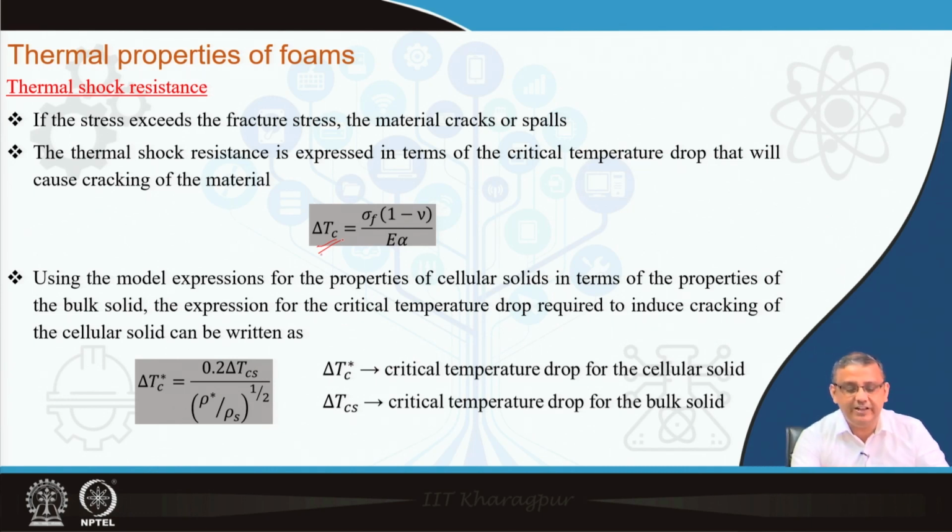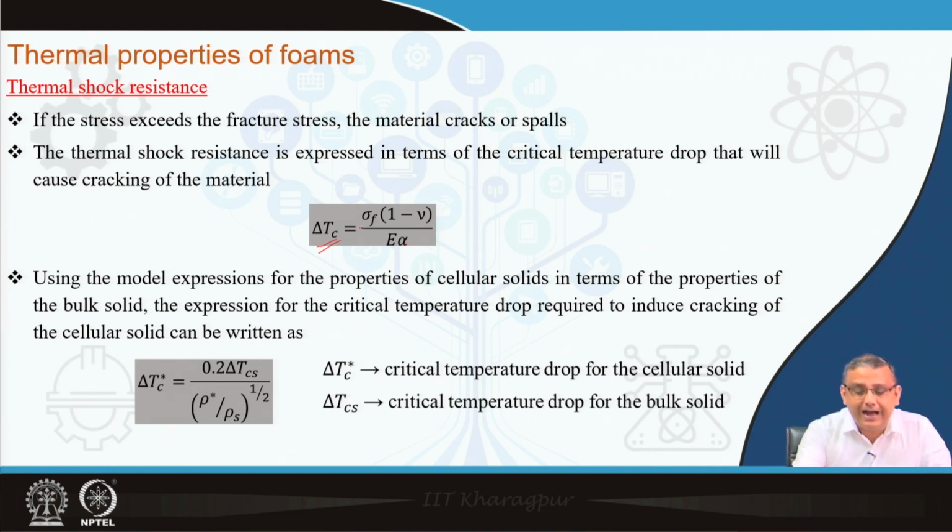And again, as we see over here, the higher the value of delta Tc, the more is the thermal shock resistance. And as we can expect, this delta Tc is inversely proportional to both E and alpha, as I already mentioned, because the more is the value of alpha and the more is the value of E, the more is the thermal shock susceptibility and the lower will be delta Tc.